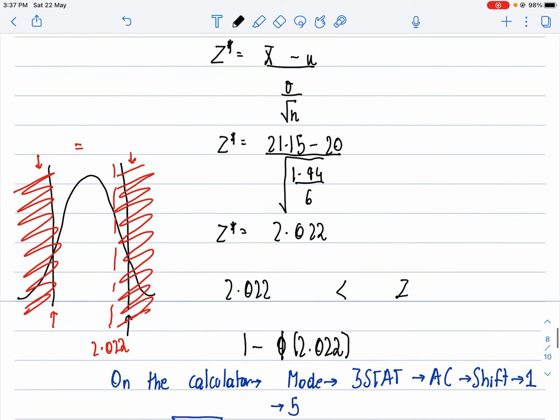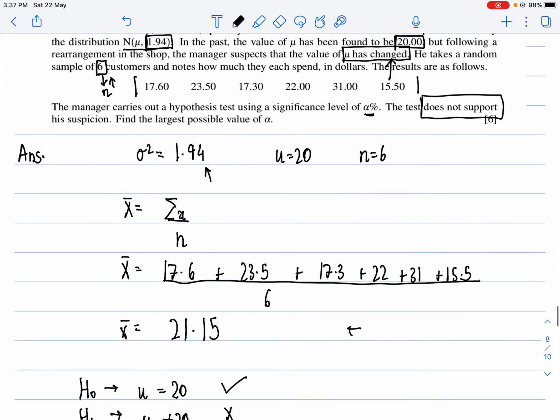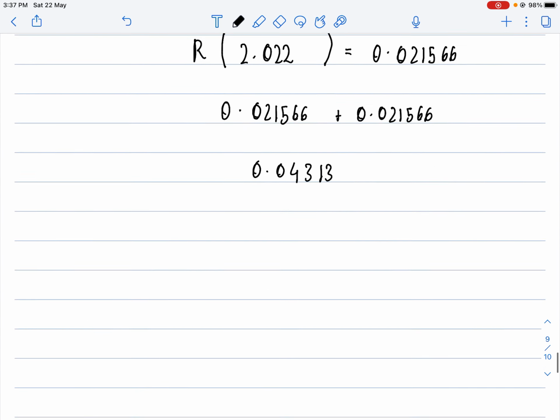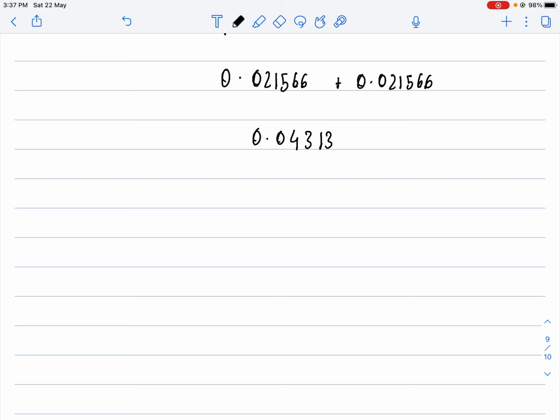But now this significance level needs to be a percentage. So I can write this as 4.3% or 4.31% as the final answer.